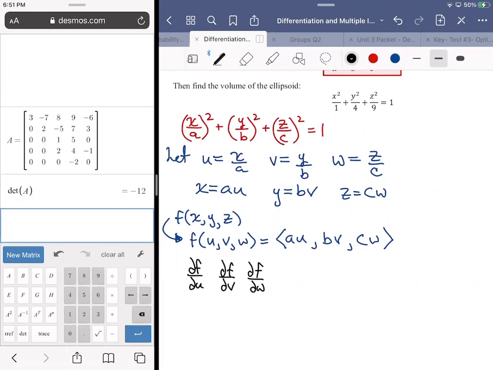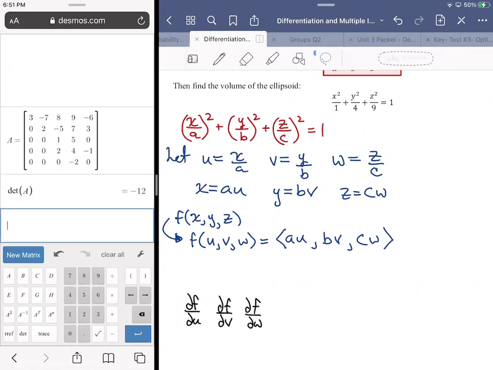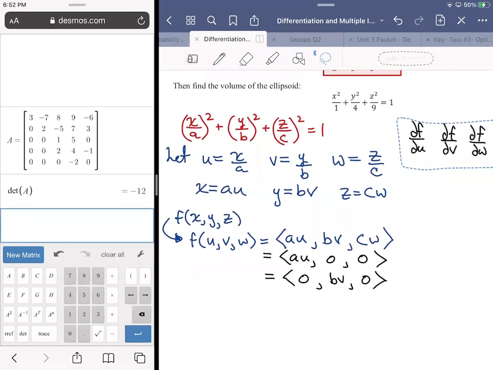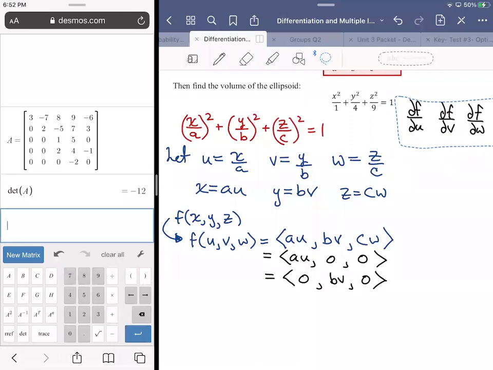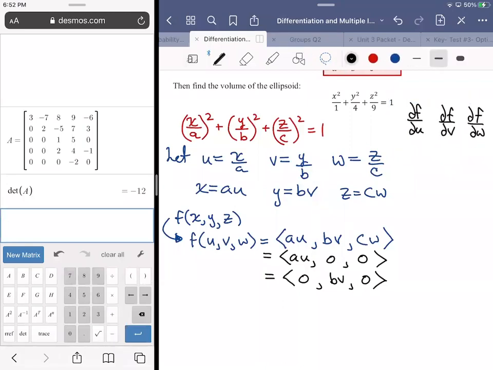All right. So this really, and actually, I don't want to jump the gun here, could be thought of as three separate vector valued functions: au, 0, 0; 0, bv, 0; and 0, 0, cw.